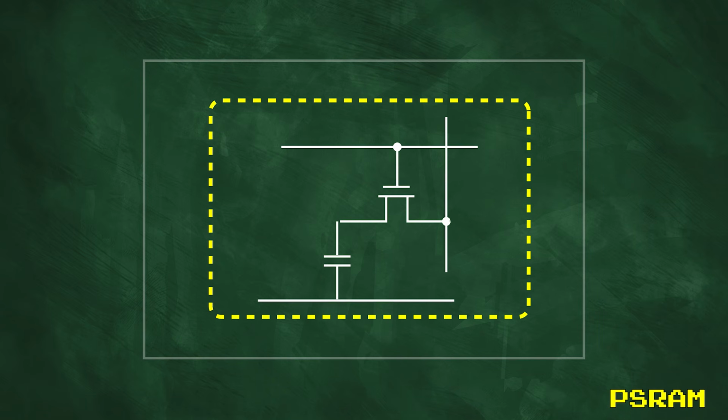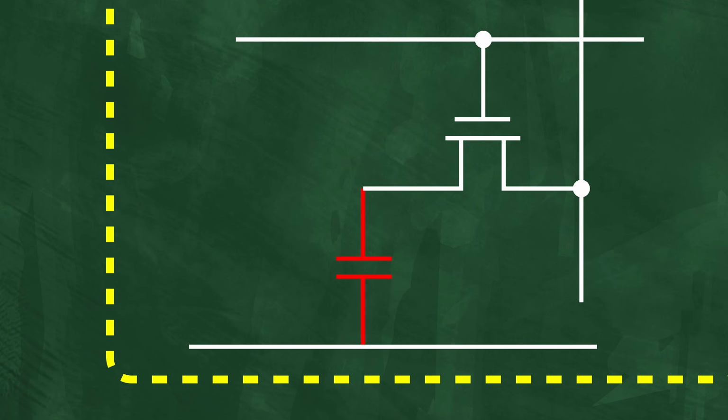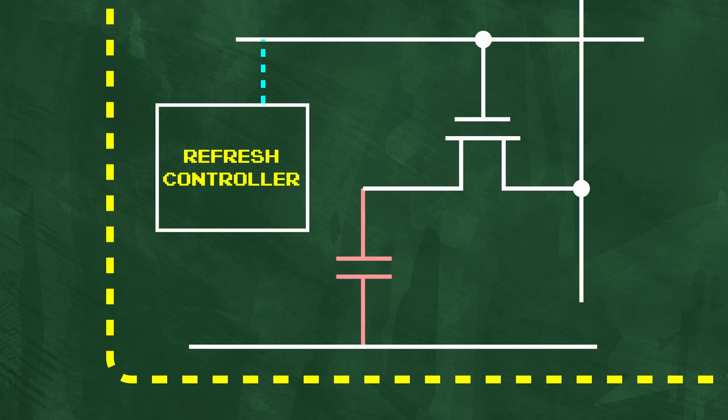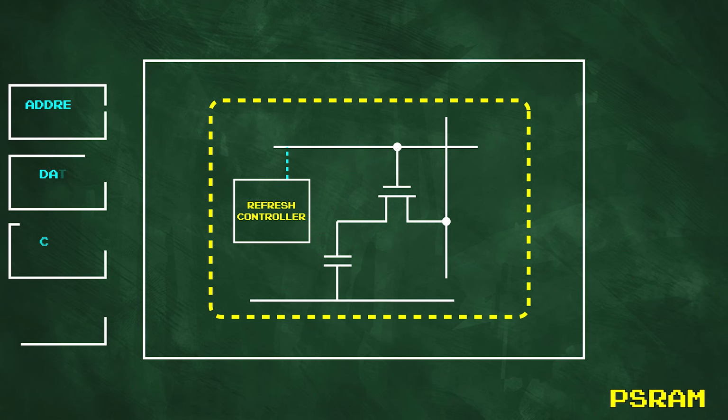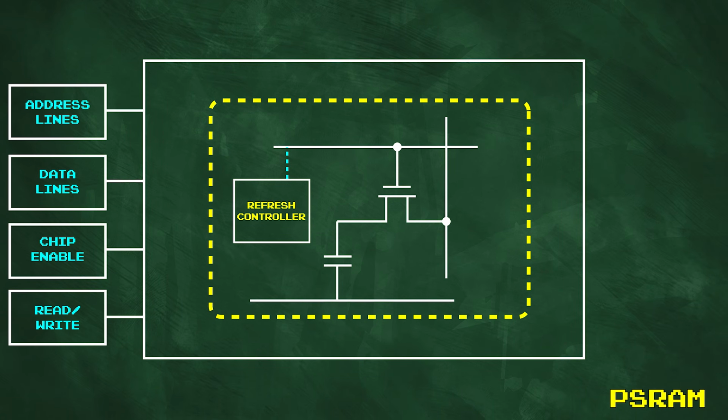Rather than using flip-flops, it uses capacitors to store each bit, which means you can pack more memory cells into a smaller footprint. The capacitors, however, need to be constantly refreshed to keep their charge, and this is one of the main challenges of using straight-up DRAM chips. But PSRAM handles the refresh internally and exposes an SRAM-like interface to the CPU, and that masks its internal complexity.